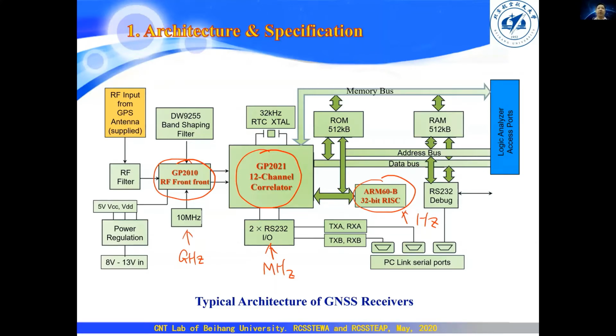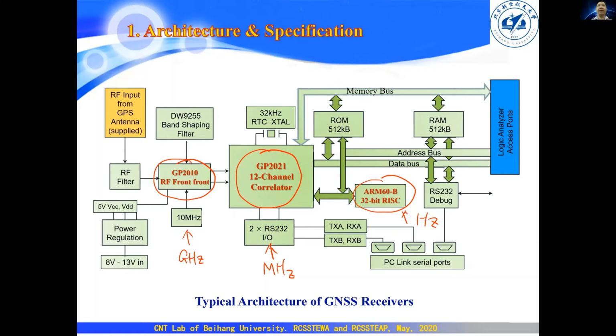Nowadays we are trying to integrate all these chips into one processor. For example, if you buy a cell phone from Huawei, Xiaomi, or Samsung, the core chip is maybe from MTK, maybe from Qualcomm, or maybe from Hisense.